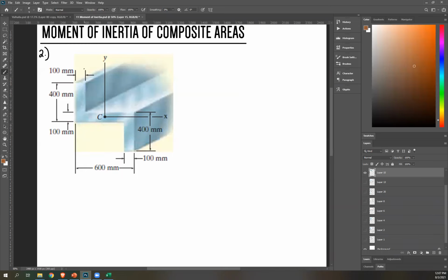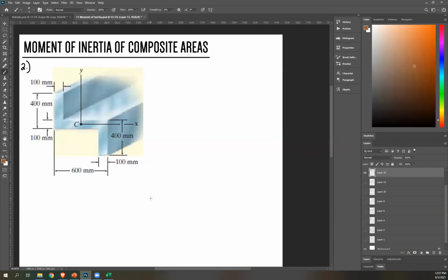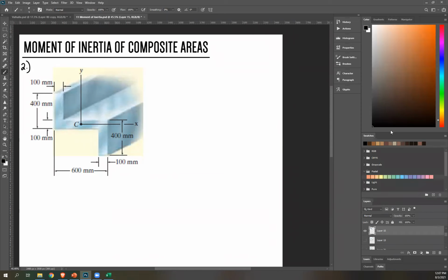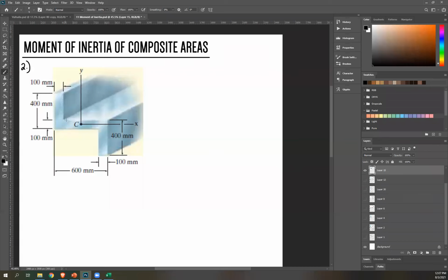So we have sort of an irregular shape. So we need to divide this into simpler shapes in order to get the total moment of inertia. So let's start with dividing this into sections. So first, obviously, these should be divided into rectangles.